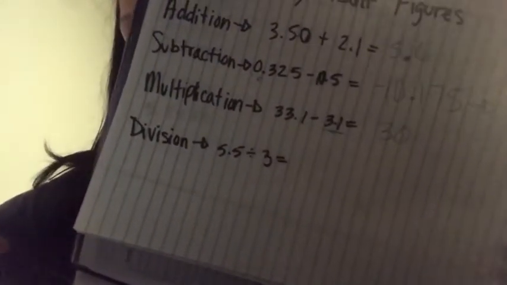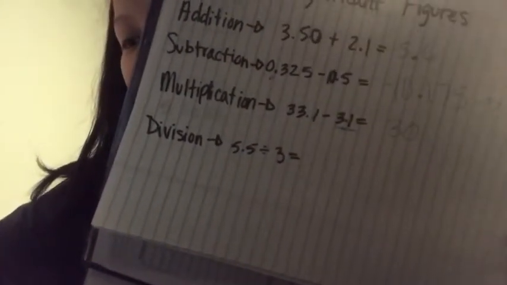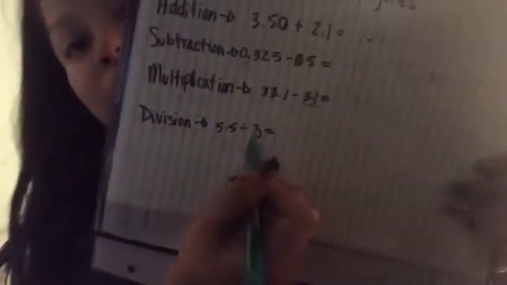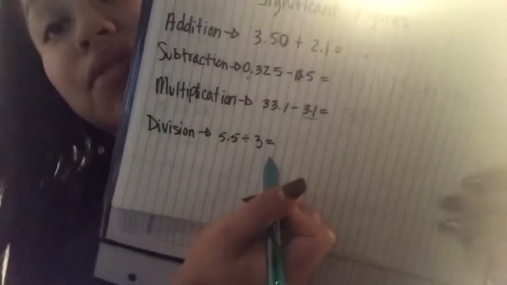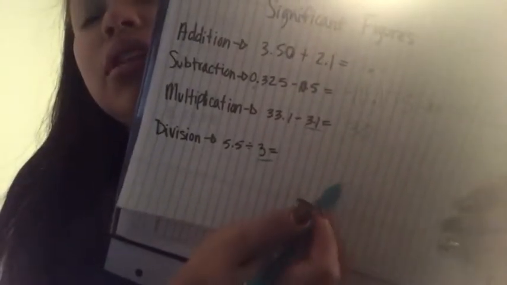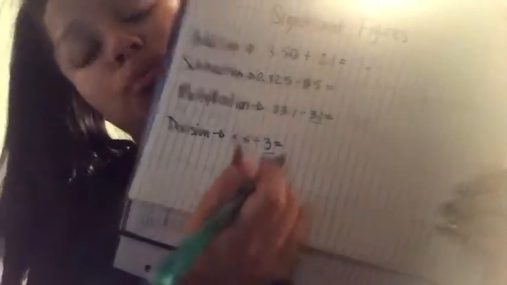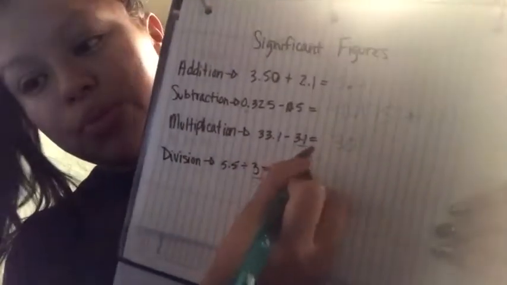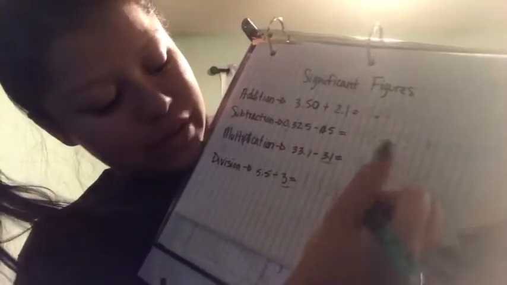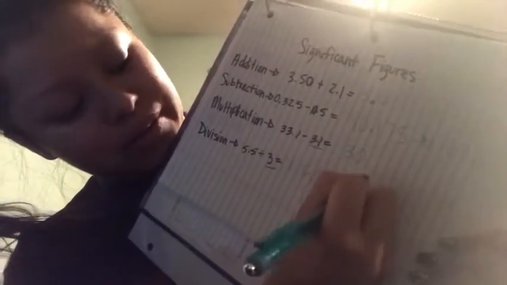Next up is division. So we have 5.5 divided by 3. The least amount of sig figs that we have is 1, so we will have to round it. The answer I got was 1.833 repeating, so we would have to round that up to 2.